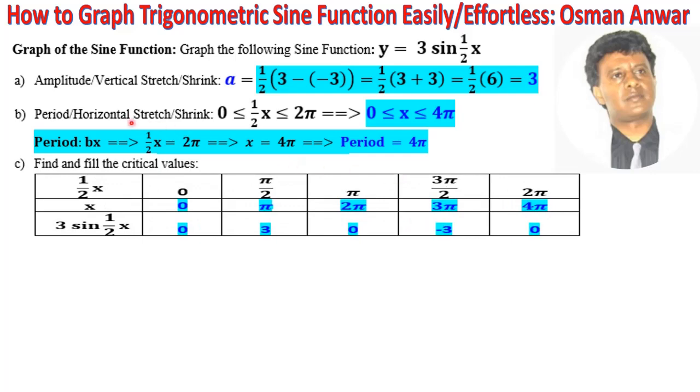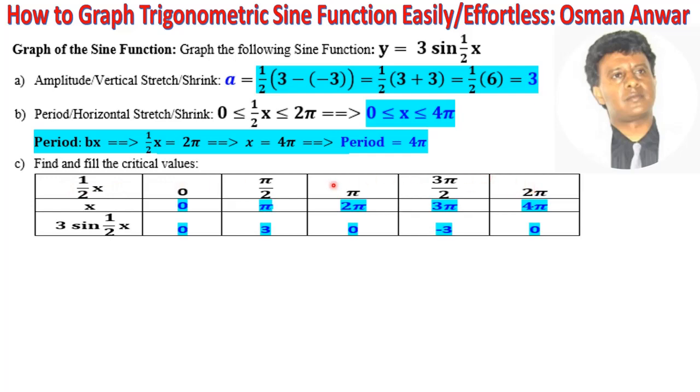Now, half x is basically between 0 and 2 pi. That is one complete cycle. If you multiply all sides by 2, then x is between 0 and 4 pi. So that means half x is between 0 and 2 pi.